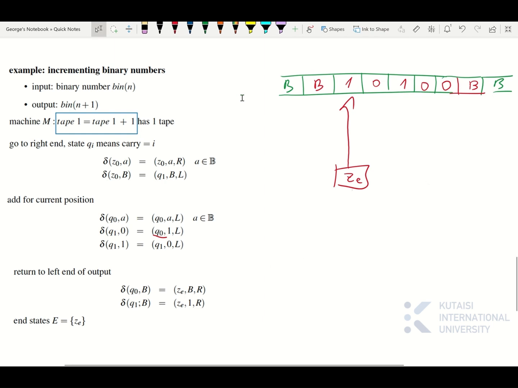And if it's all 1s, the only thing that can go bad is if you're still in Q1 and see blank when you're moving from right to left, then you will have to add 1 more 1 and make your thing longer, basically. So this thing calculates the successor, basically. It takes an input, a binary number, and outputs the binary number plus 1.